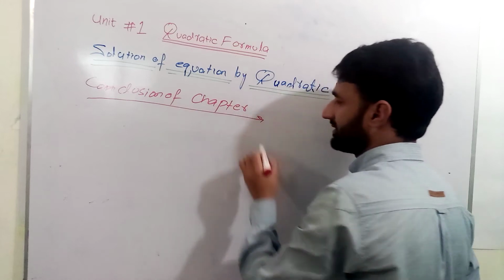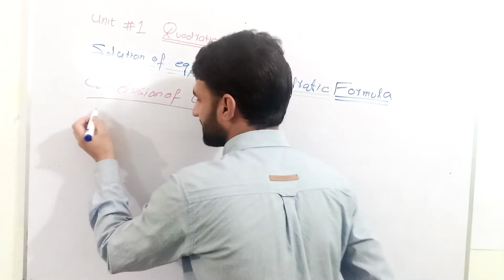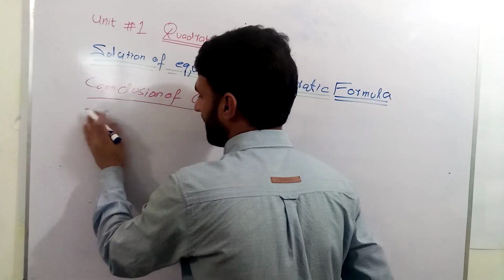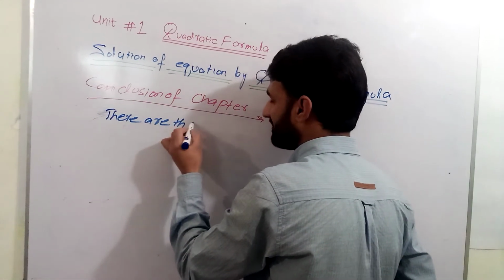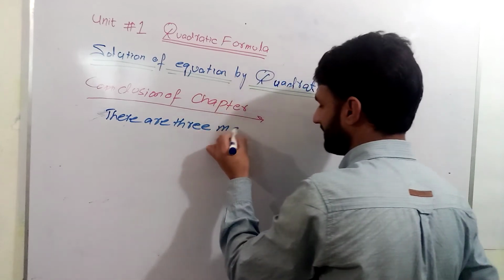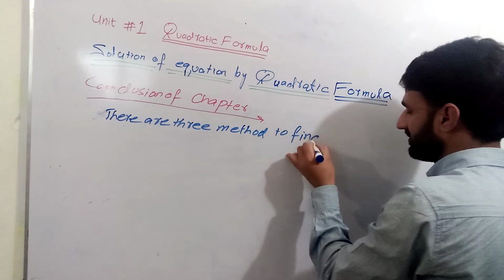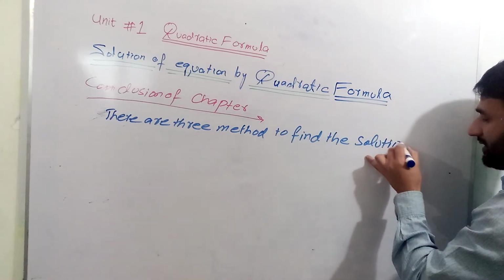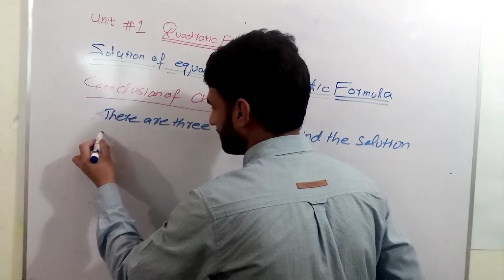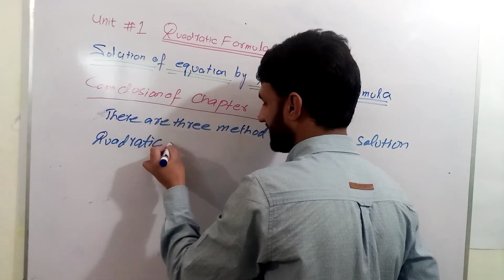The conclusion of the chapter is, number one, there are three methods to find the solution of quadratic equations.